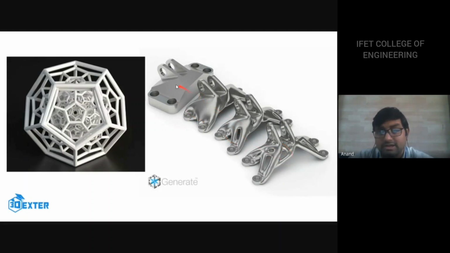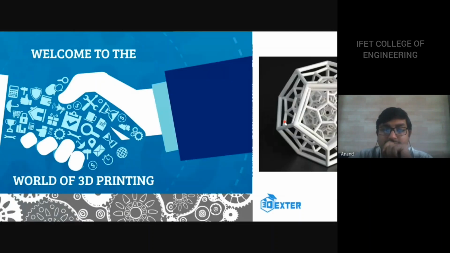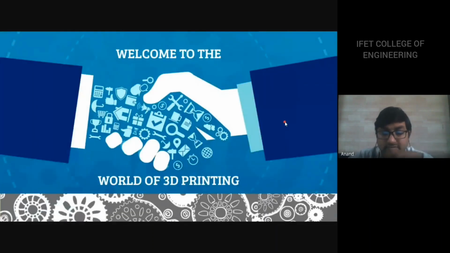This is the advantage: we can get lighter parts, and strength-wise we can select the best object. We can 3D print them so that we get the optimum result. Now, I will be going into the 3D printing technique that we are going to discuss today.